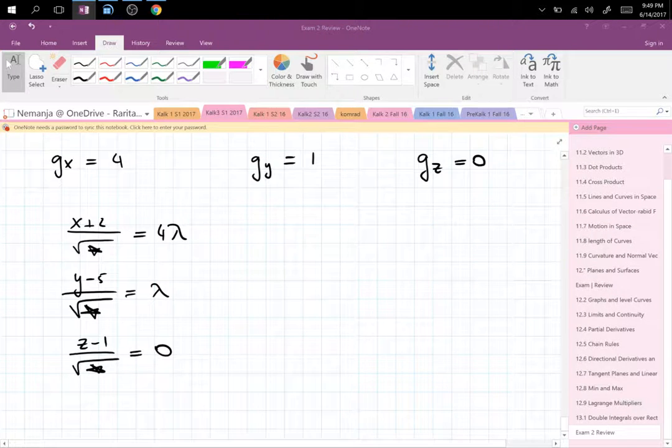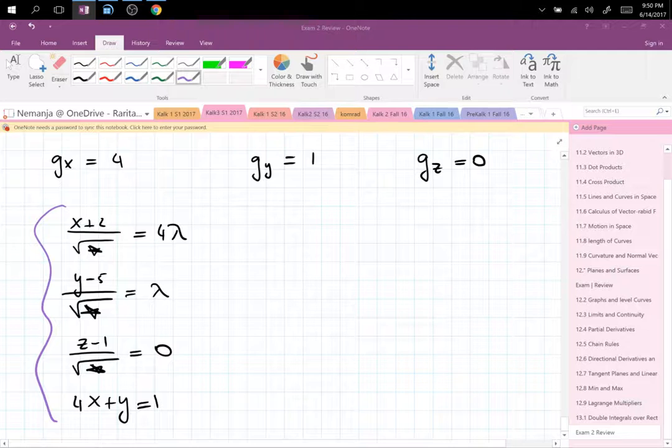And we have our constraint function, 4x plus y equals 1. There we go. So this is my system of equations. We can immediately see that z is equal to 1, because when you cross multiply, the square root dies, and you have z minus 1 equals 0, from where z is 1. So that one is already done.